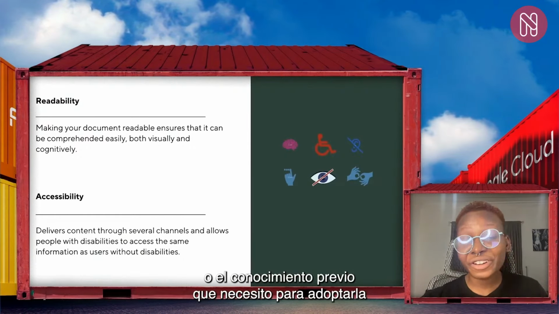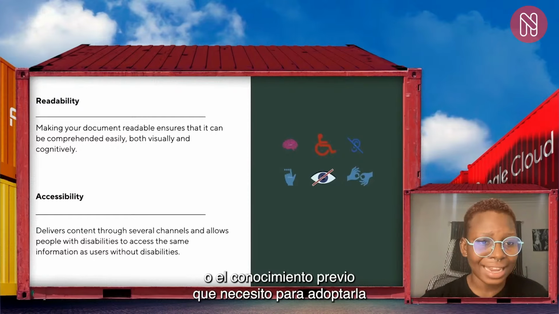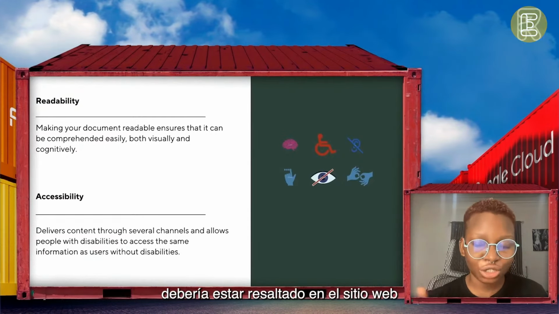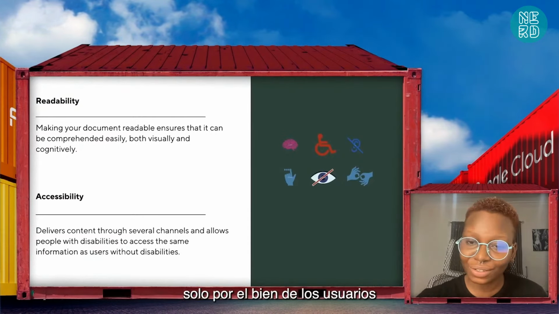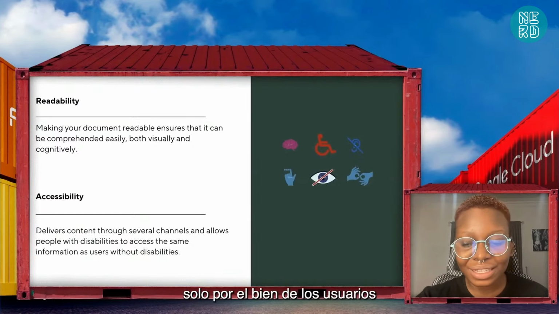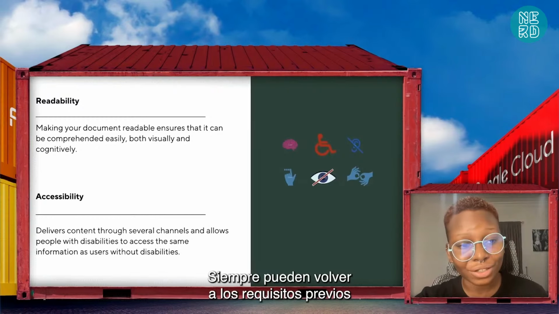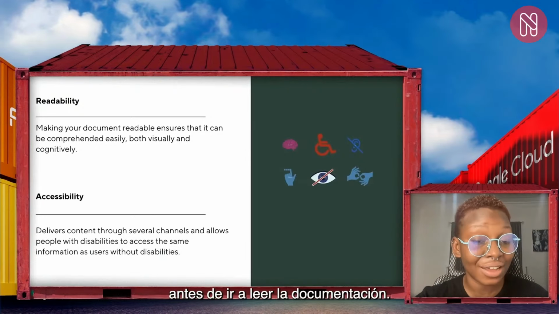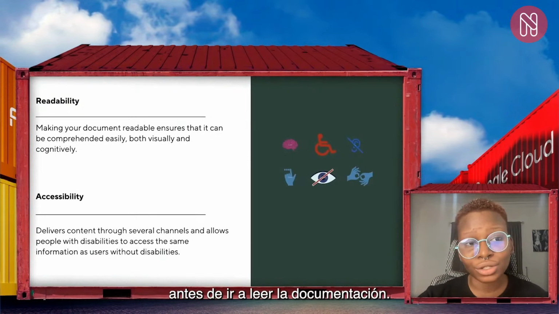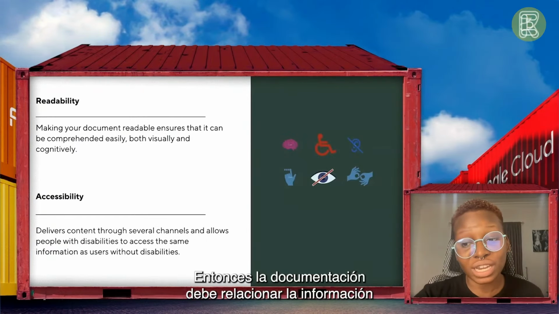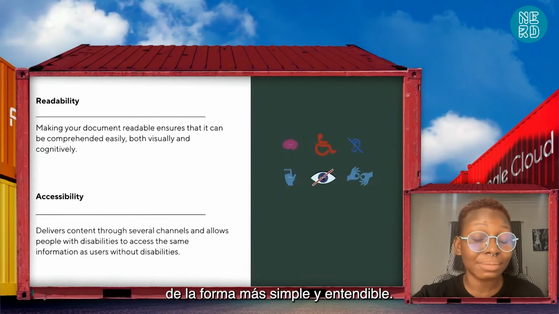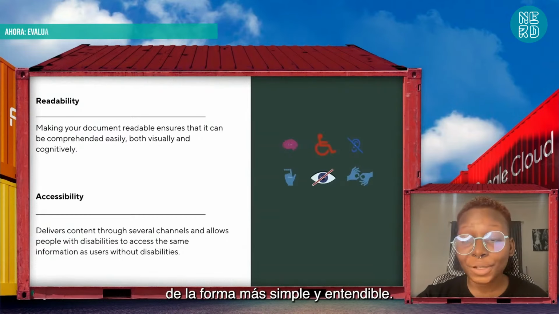The prerequisite knowledge that I need in order to adopt that technology should be highlighted on the web page, just for the sake of users that are new to the technology. They can always refer back to the prerequisite before coming to read further in the documentation, right? So your document should be able to relay this information in the most simple and understandable ways possible.